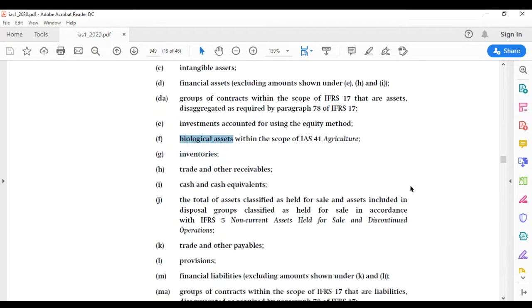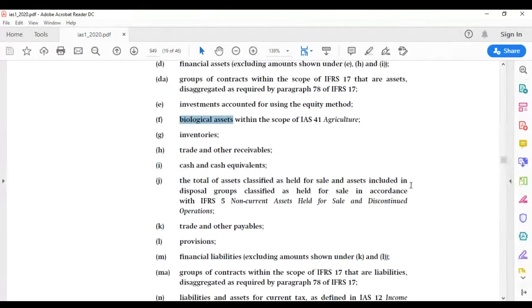Then we get to our current assets that need to be disclosed. The current assets that need to be disclosed on the face of our statement of financial position are inventories. The second one, trade and other receivables. So that means it is our debtors, the trade part, but also other receivables, such as, for instance, prepayments, and then cash and cash equivalents. Now, cash is literally what is meant by cash. That is your banknotes.